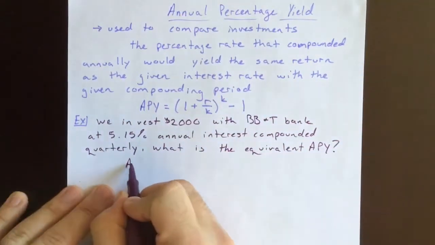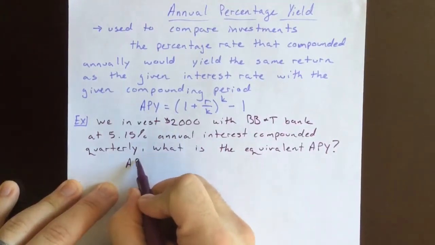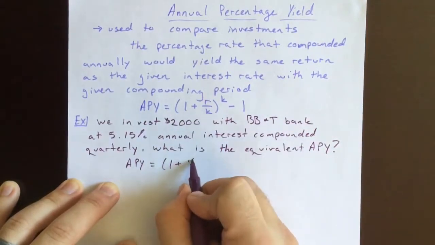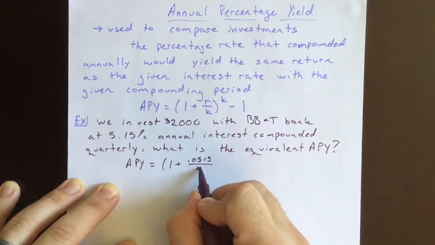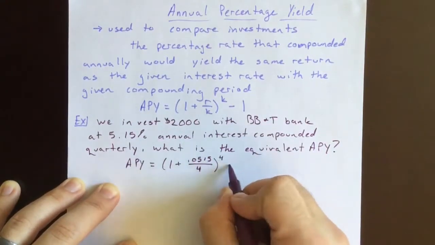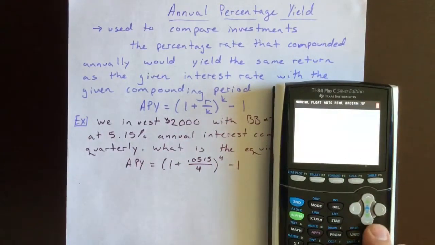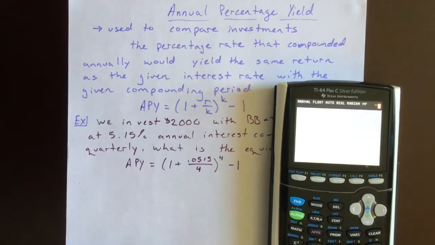So that $2,000 really has no use in this formula. So we have 1 plus our rate 0.0515 divided by K, which would be quarterly, that would be 4, raised to the power of 4, minus 1.